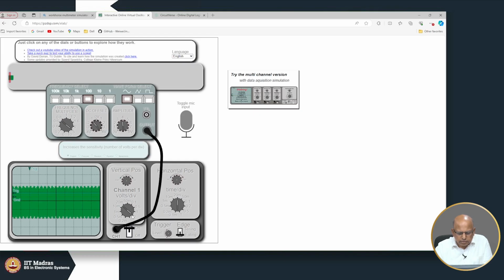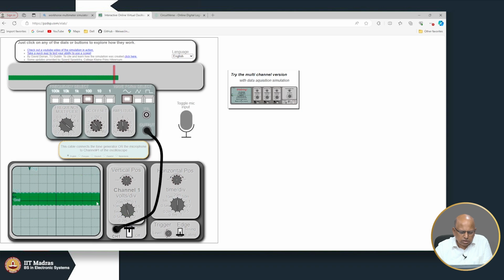So, I can change this to 1 volt per division, or I can change it to 5 volts per division. So, you can make it look smaller or bigger and then multiply with this. This is a horizontal positioning.